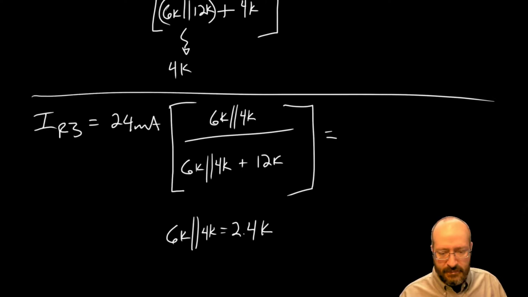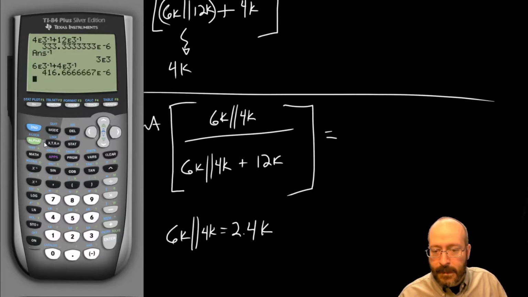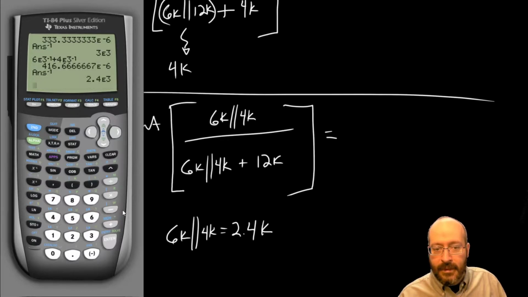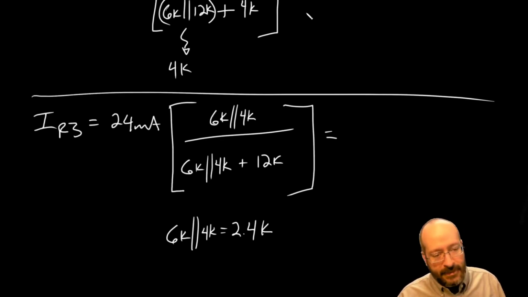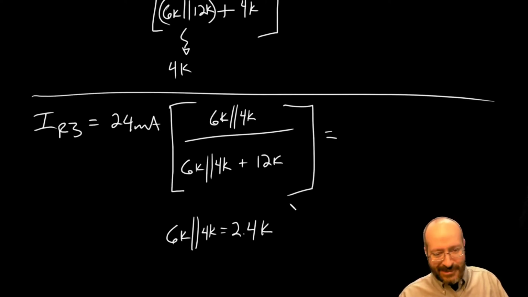I'm going to go check that. I don't trust me today. I don't trust me any day. 6K in parallel with 4K is in fact 2.4K. All right. I hope you believe in me because apparently I don't.